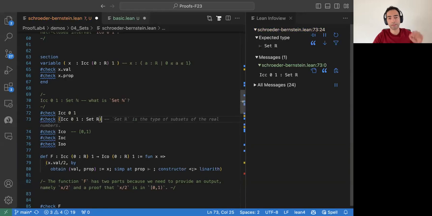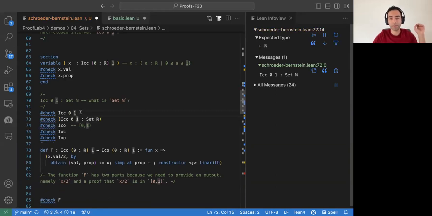So that also works, but it seems like the default value is Set N, and if you wanted to force it, then it can be Set R. But the question is, what are these things, Set R and Set N?